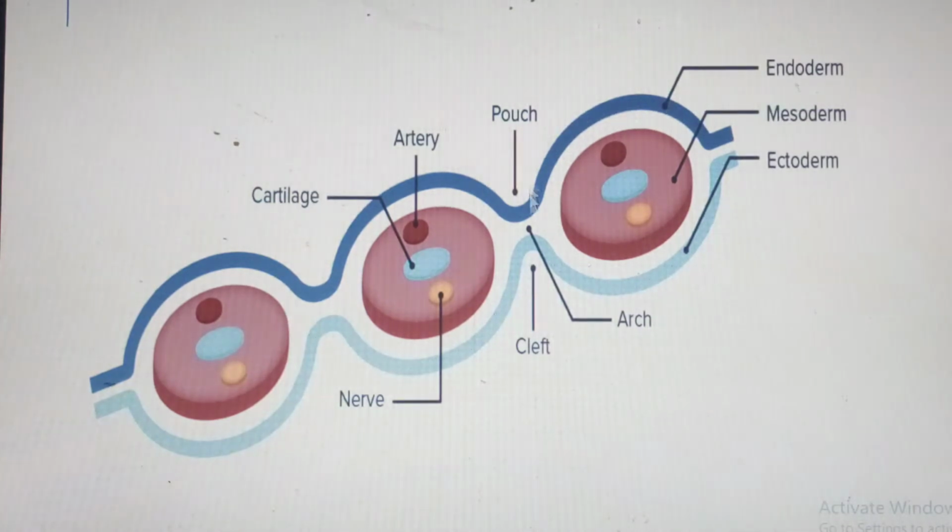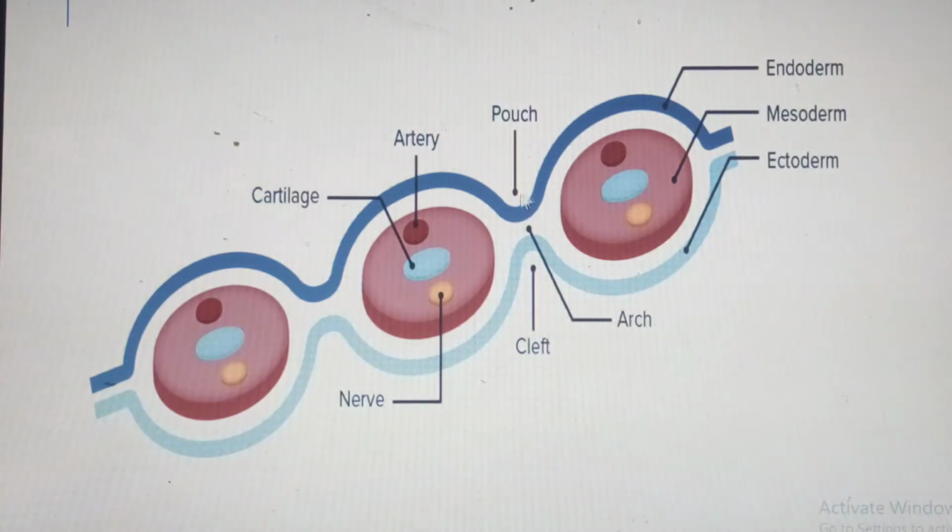So if I have just one of these, there's one pharyngeal arch, this is another, this is another. In this schematic diagram, you can see 3 pharyngeal arches. Now what happens is that as I'm moving from one pharyngeal arch to the next, the ectoderm and the endoderm come very close together.